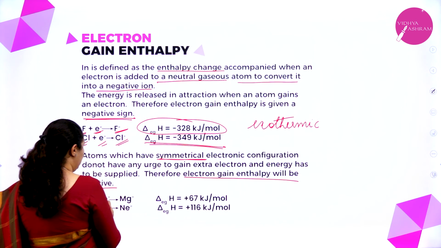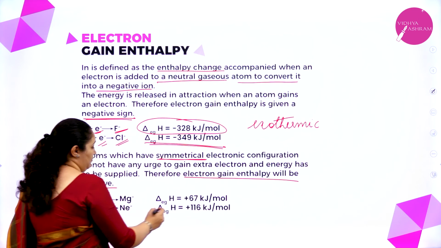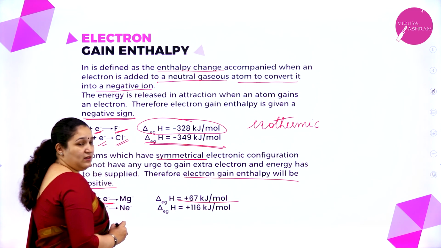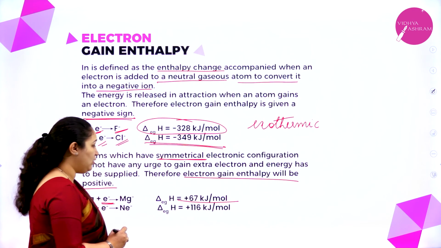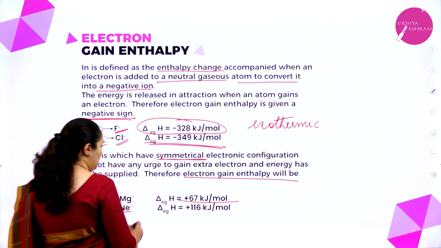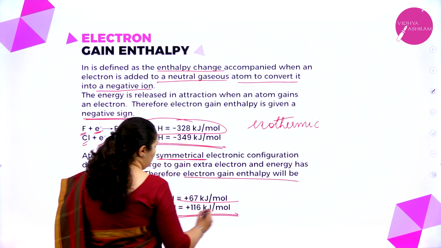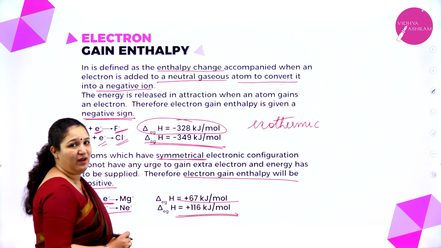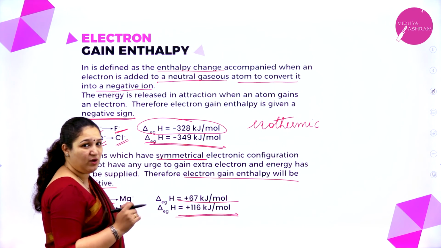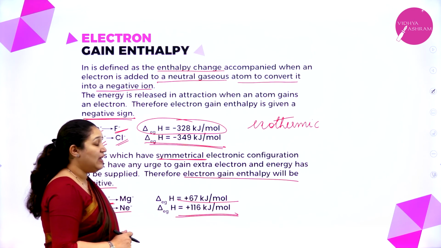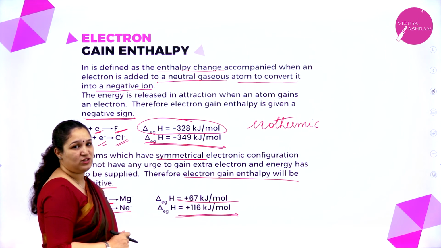Magnesium, if you see, to take up an electron, you have to supply 67 kilojoules per mole of energy. Similarly, neon, if it takes up an electron, will require energy, not release it. So this is an endothermic reaction.